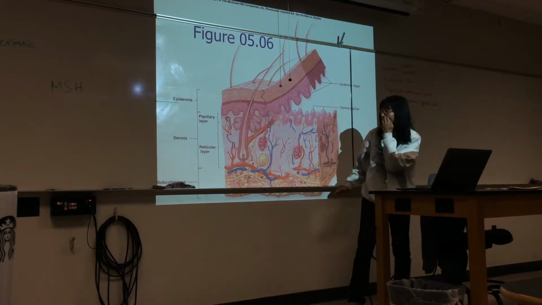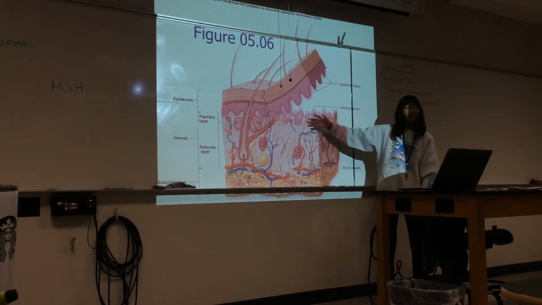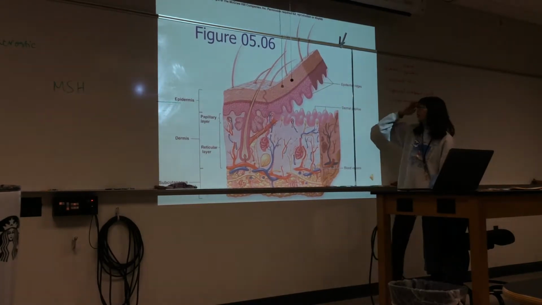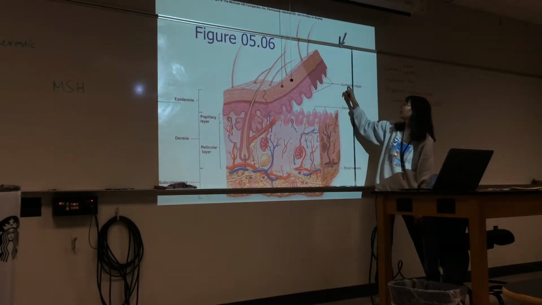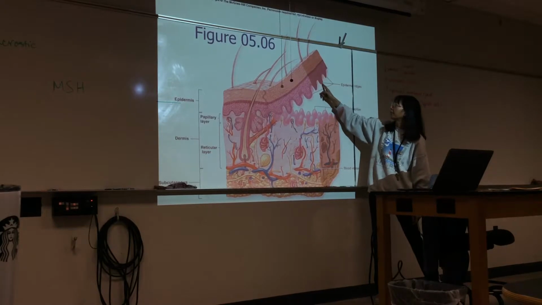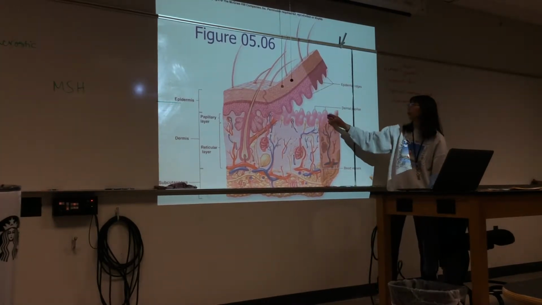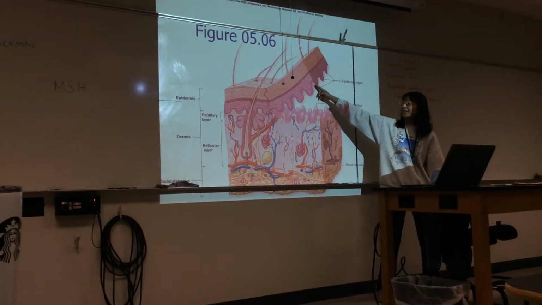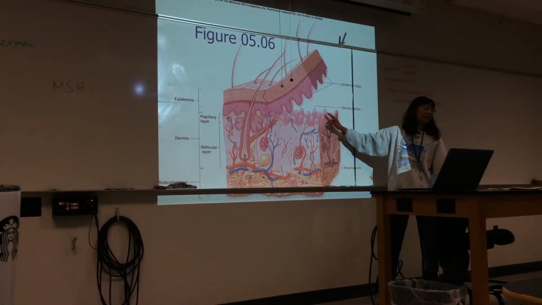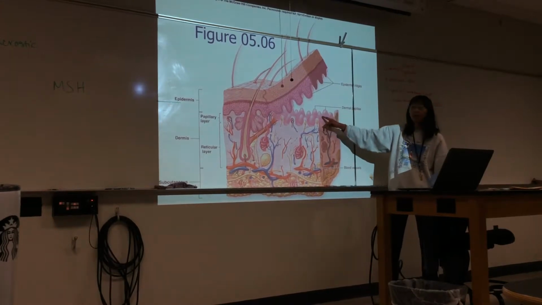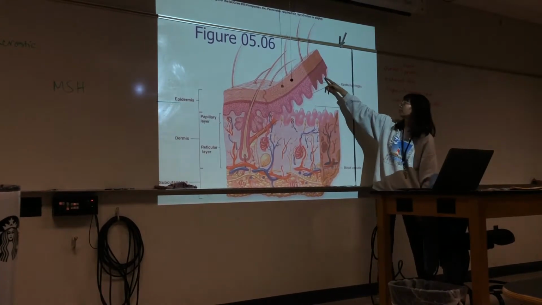So, in this picture, once again, does this look familiar? I only took the top off. These are called epidermal ridges. And then this is the dermal. Epidermal, dermal, and their papilla, the little hills, versus the ridges.